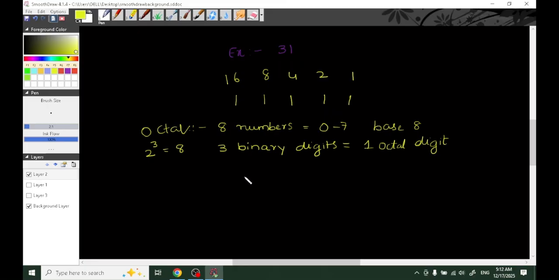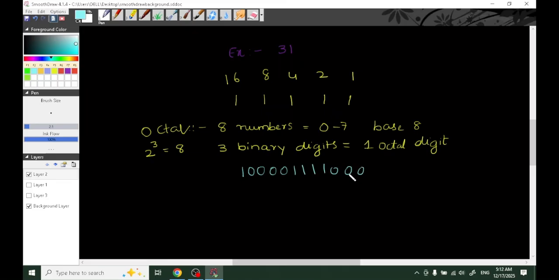It means, for example, I have some binary code. Let us say this is the binary code 1000011111000.